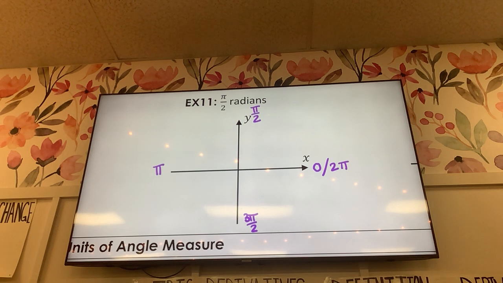So if I want to draw where pi over 2 is, that is this guy right here in between the first and the second quadrant.